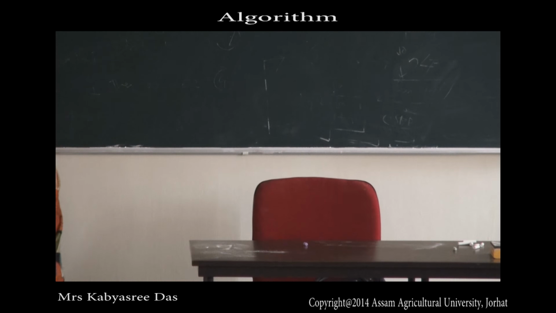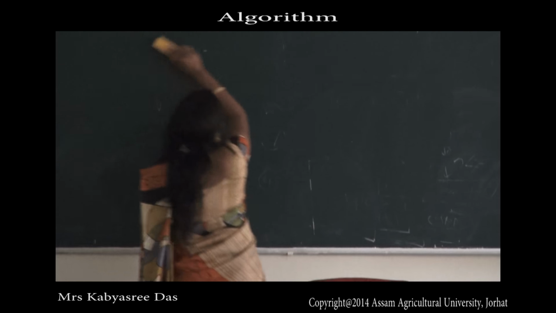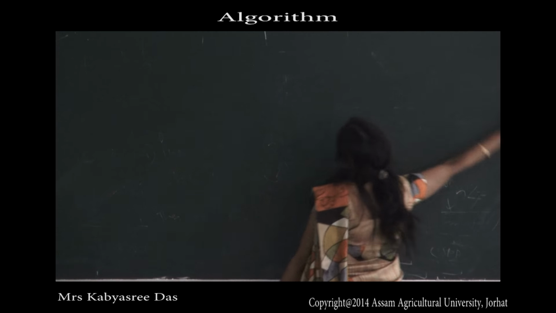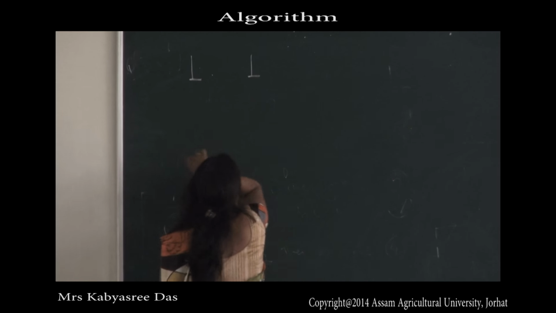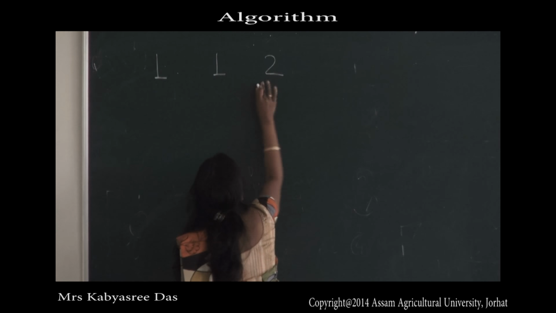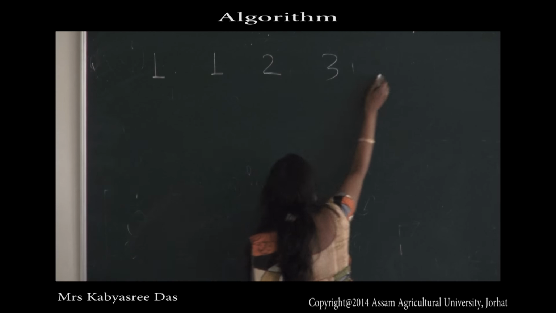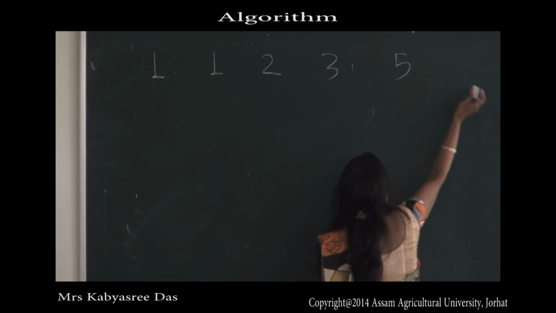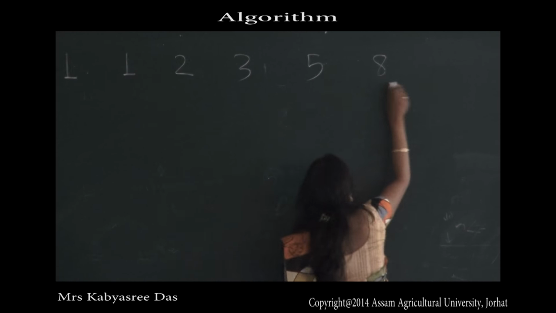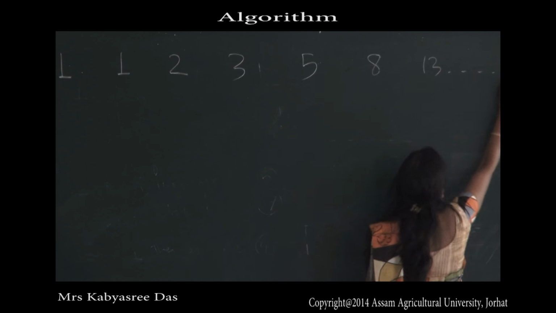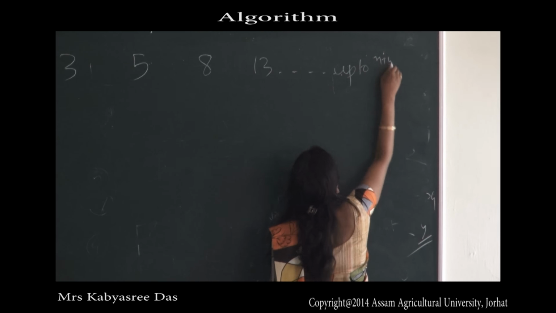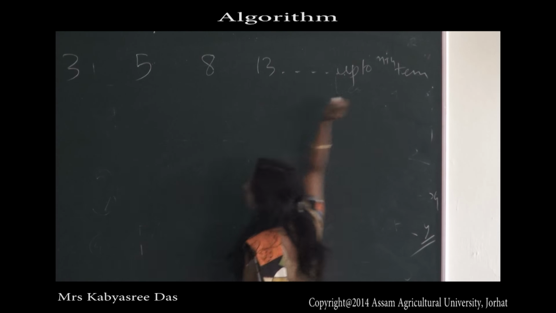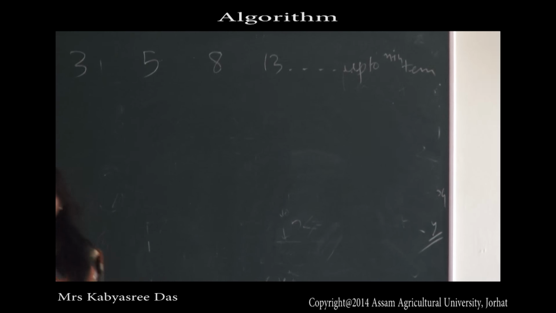One more algorithm is here. Write an algorithm and draw the flowchart to print the following series. This is called the Fibonacci series: 1, 1, 2, 3.